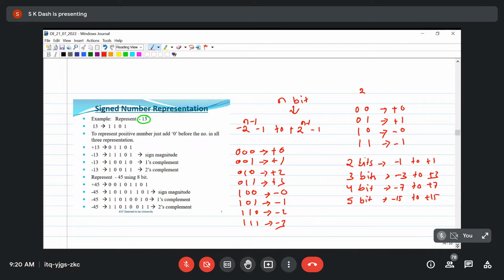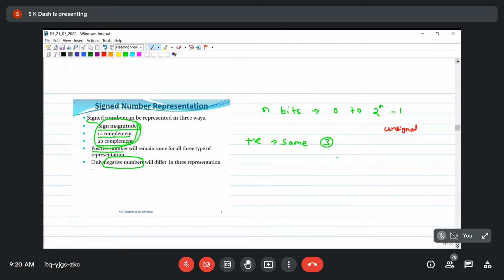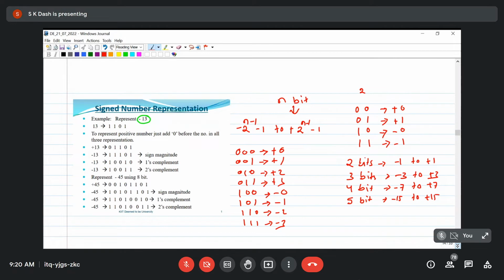The unsigned range is as written before, and using the same n bits, sign magnitude represents from minus (2 to the power n minus 1 minus 1) to plus (2 to the power n minus 1 minus 1).